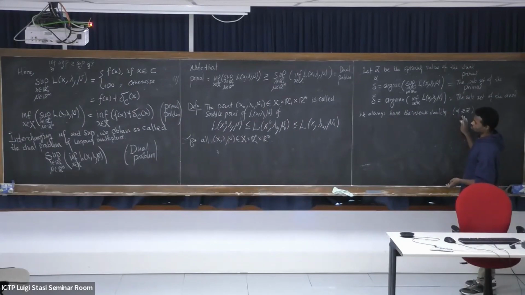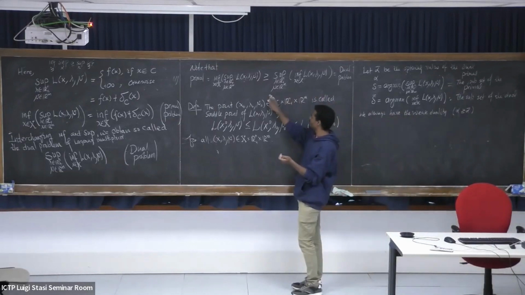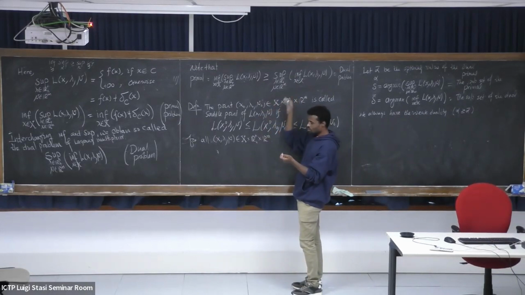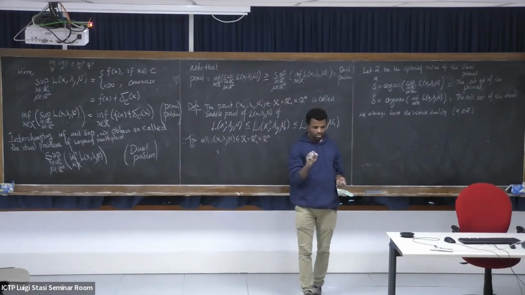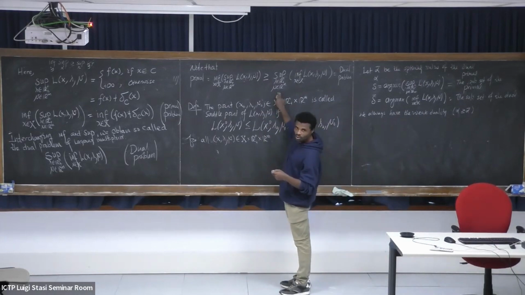This always holds. So why do we say that this is the dual problem? Later on I will try to give examples so that this can be studied, as it has a relation with the Fenchel conjugate.